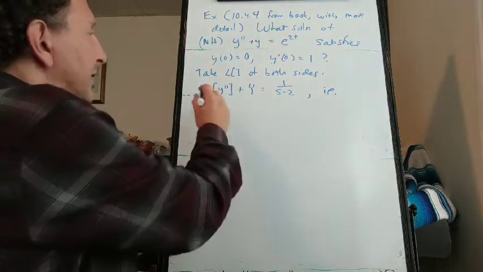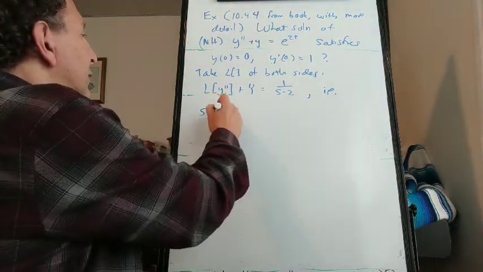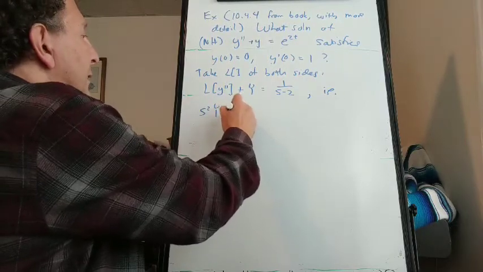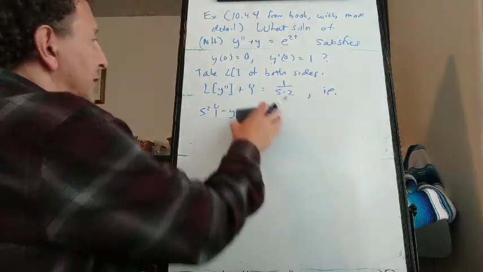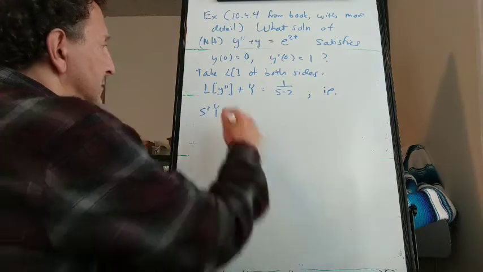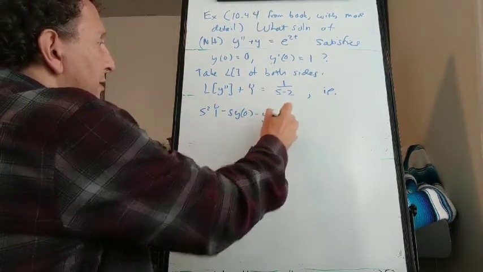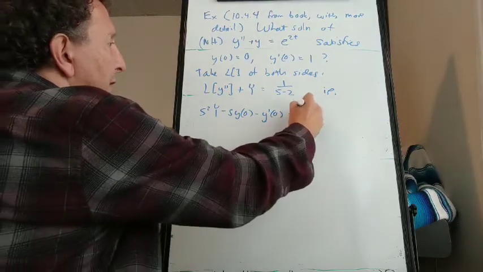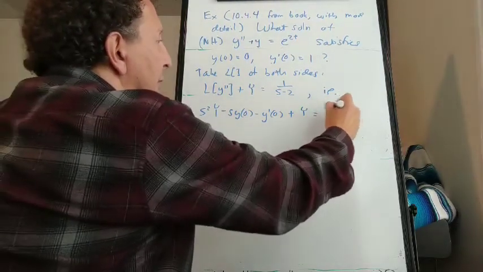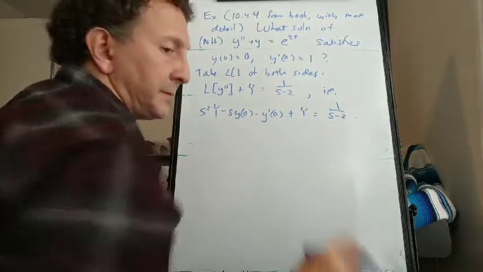The Laplace transform of the second derivative is s squared Y minus s y of 0 minus y prime of 0, plus capital Y equals 1 over s minus 2.